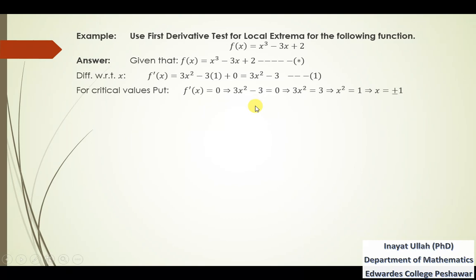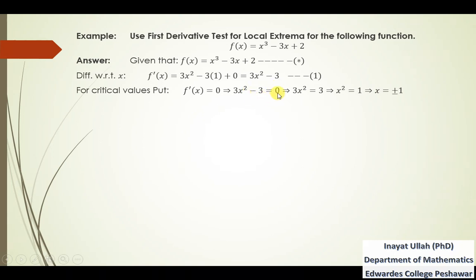Now, in the next step, we will find the critical values of the function. How could we find the critical values of the function? We will put the first derivative equal to 0 to get the critical values. So f prime x is equal to 0, and solve this equation.